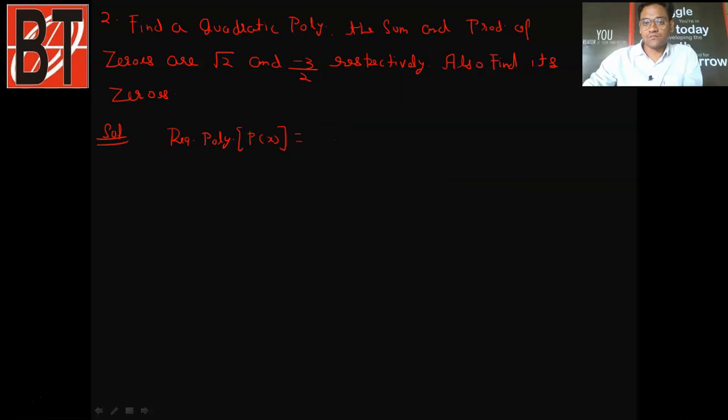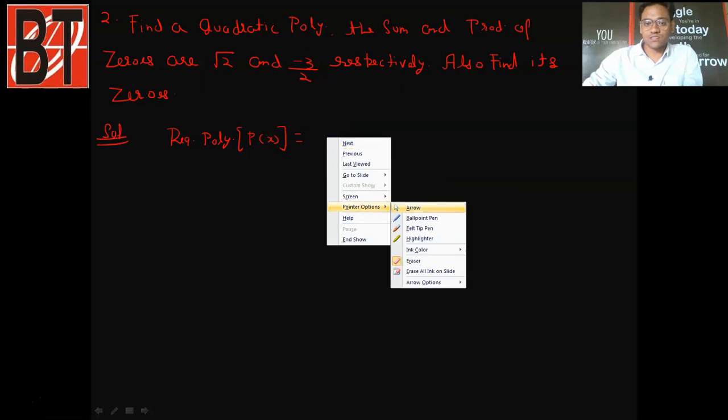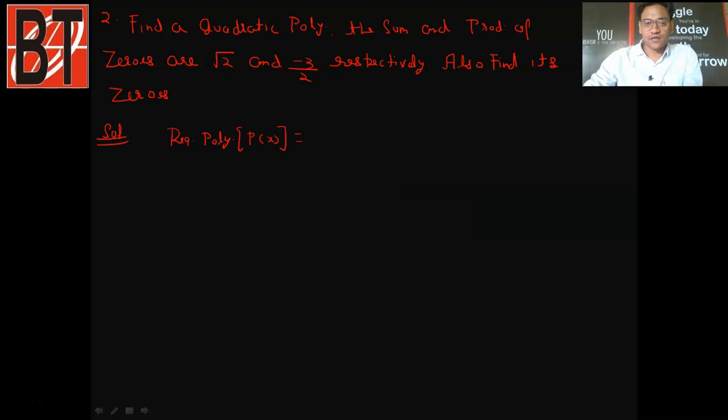Required polynomial is k into x square minus sum of zeros. Sum of zeros is given to us as root 2, so root 2 into x, and plus product of zeros. Product of zeros is given as minus 3 by 2.